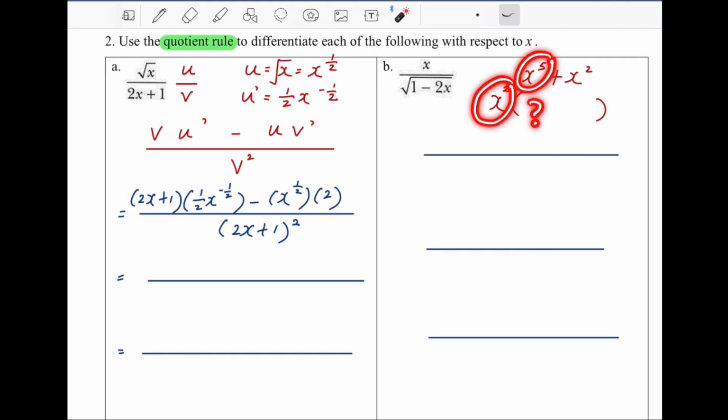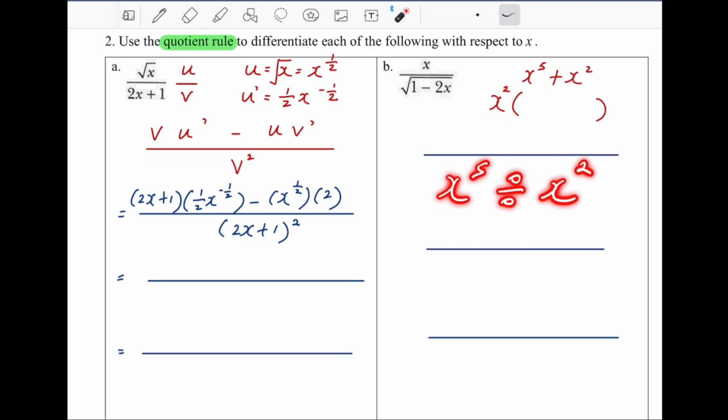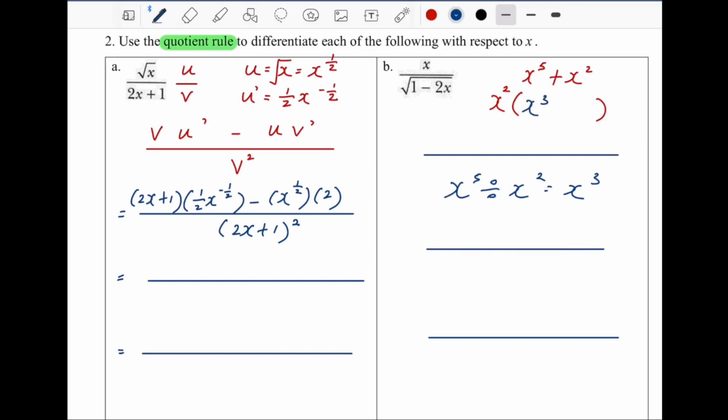What does it mean by factorize, taking out? It's the same as division. So imagine x power 5 divided by x power 2. The answer will be x power 3.